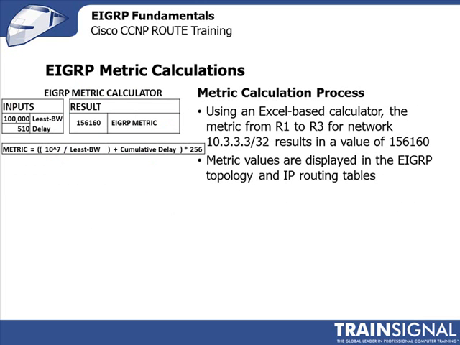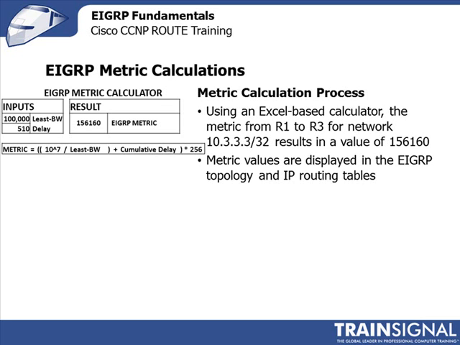So one of the things that I did to make this a little more understandable, at least from my perspective, is to be able to look at the mathematical part of how the EIGRP metric is calculated. Now you can see, as we'd already talked about in the previous slide, the value is 156160, and I wanted to try to understand how it all came together. So the way that this is calculated is pictured here to the left. Now it says metric, this is the EIGRP metric, 10 to the 7th power divided by the least bandwidth.